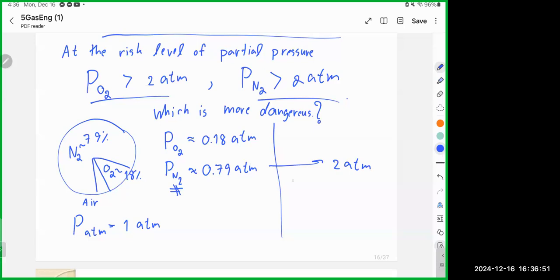Okay, nitrogen reaches 2 ATM before O2. That is what you have to be careful about.